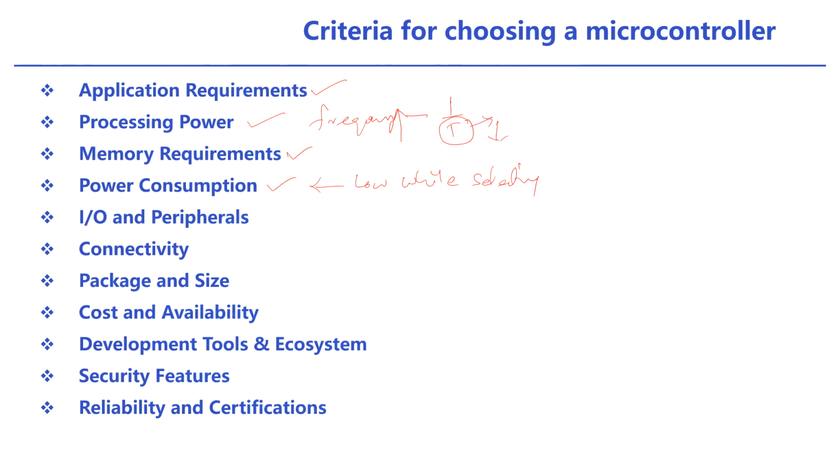the number of IO pins available on the microcontroller is limited. But if you require more peripherals, in that case, you need to go with a higher-end microcontroller, which has more peripherals and connectivity.